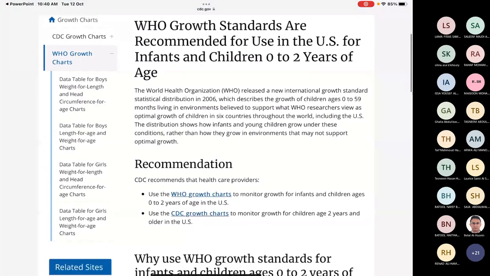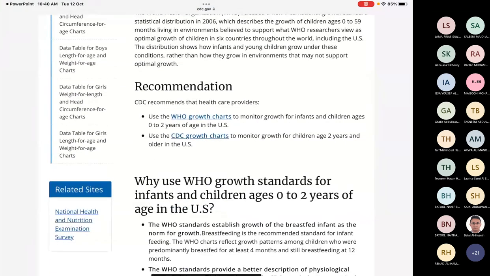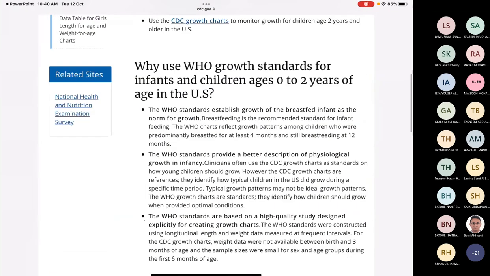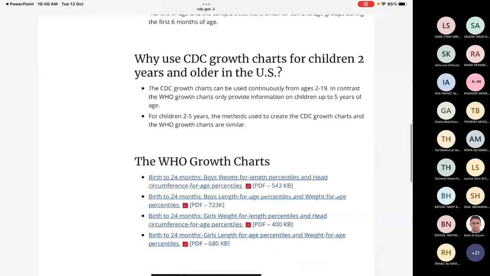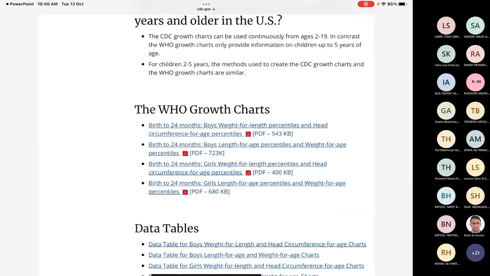The CDC shows in this page the growth charts for different genders and different age groups, and shows the growth chart as percentiles.